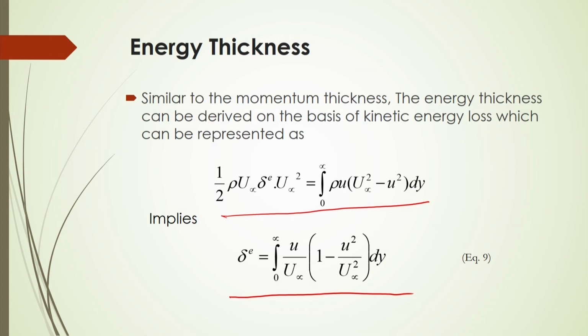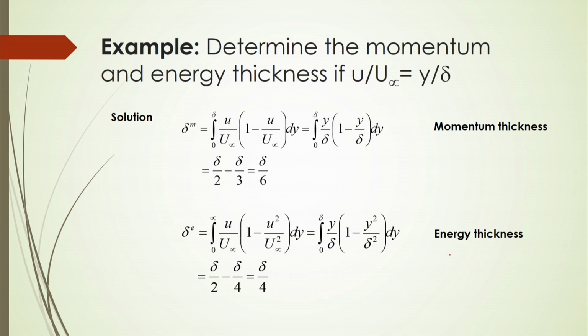This is also the equivalent thickness representing the change of energy after placing the stationary surface there. So, from equation 9 we can calculate the energy thickness. Now, let us do an example with the velocity profile u by u infinity equal to y by delta: what should be the momentum thickness and energy thickness?